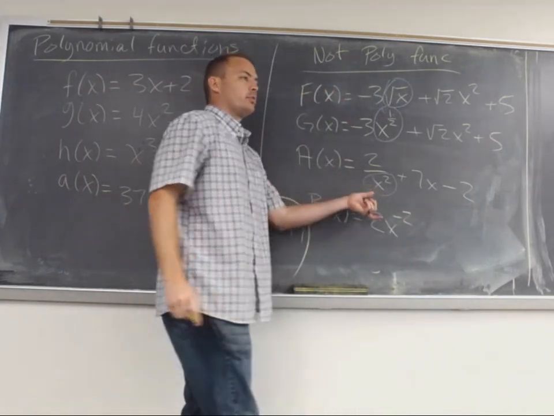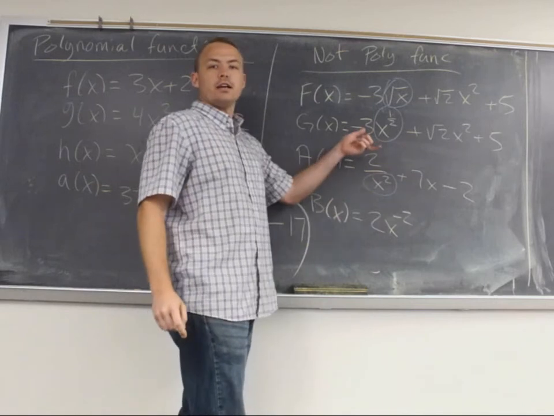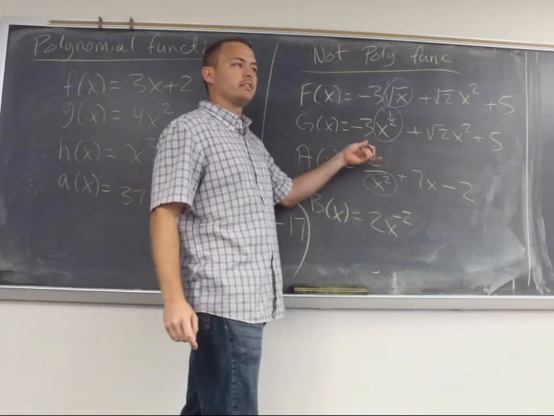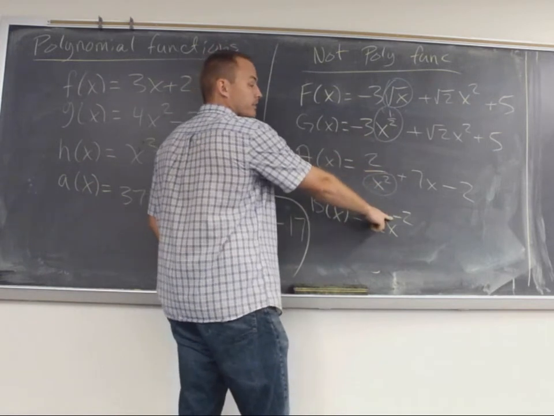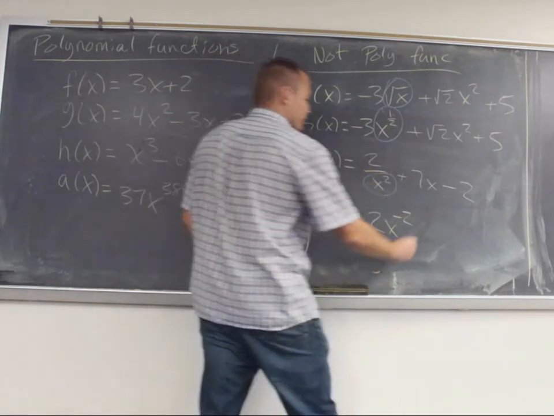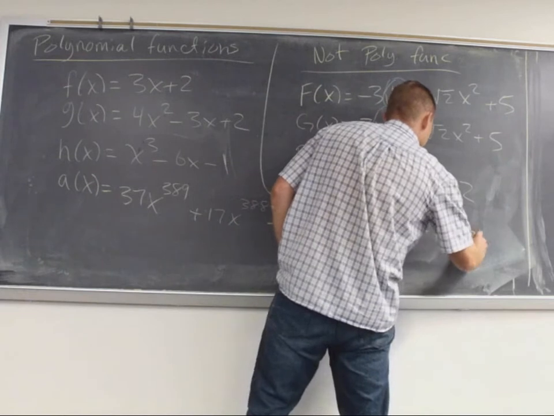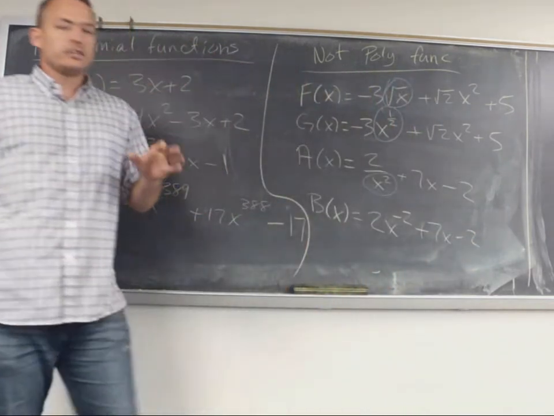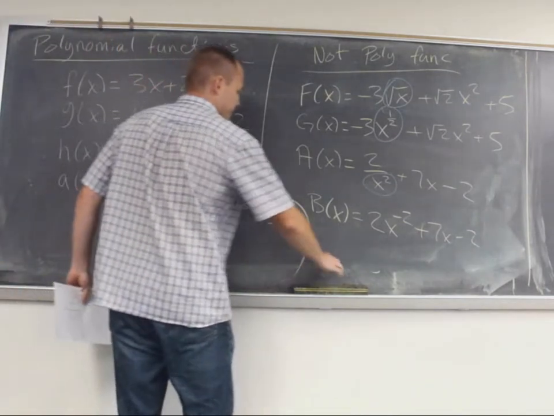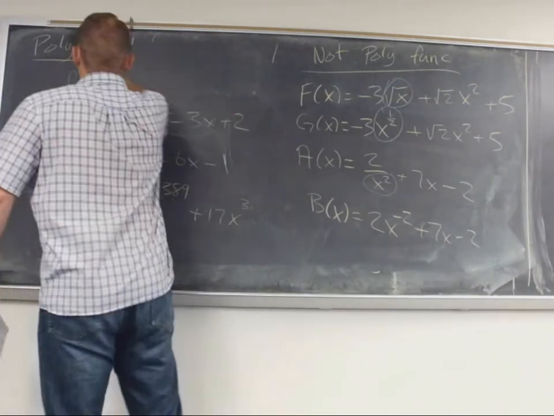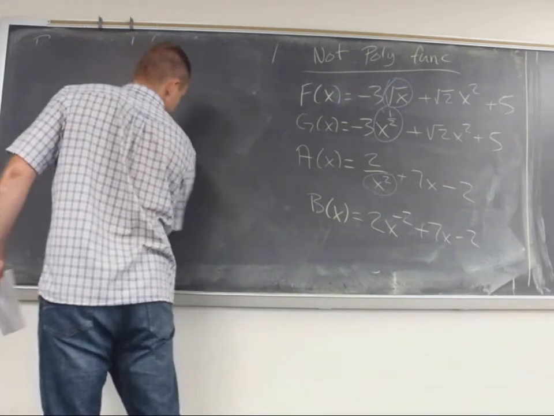If you have a variable on the bottom, you can bring it to the top, but you have to change the sign of the exponent. In this case, it's positive. When I move it to the top, now it's negative. So you can't have negatives in the exponent. And for the most part, you're not going to be tricked on these types of questions when it comes down to the test. It's just getting a good idea of what's going on, what it looks like.